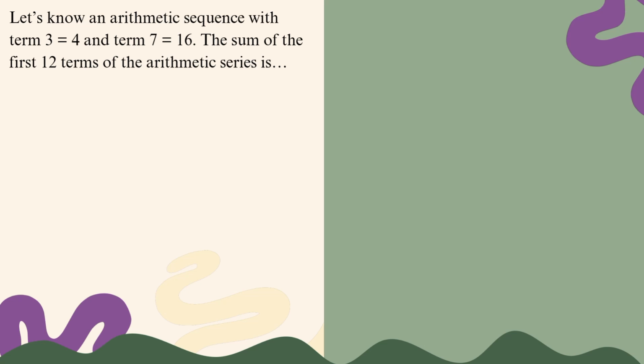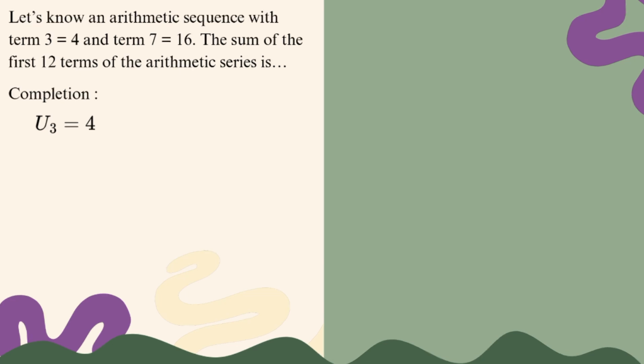Next question. Let's say an arithmetic sequence with term 3 is 4 and term 7 is 16. The sum of the first 12 terms of the arithmetic series is... The completion: sub 3 is 4.